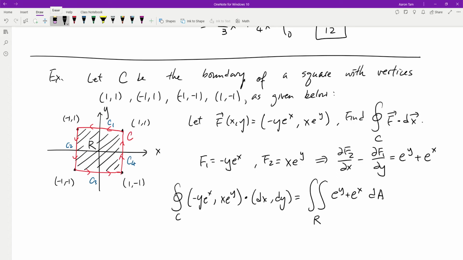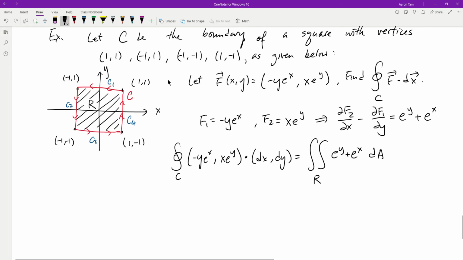Now, because this region R is a rectangular region, that makes integrating it a lot easier, and also makes the decision of whether we integrate dx dy or dy dx a non-issue, because it doesn't really matter. It's all constant anyway. So I'm just going to say dx dy, since in the last problem we did dy dx.